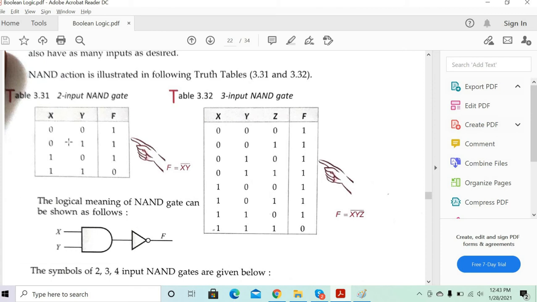Clear? Okay. See, whatever the AND gate output was, you are just inverting it, because it is NAND gate, NOT of the AND gate. So the output of AND gate is inverted.